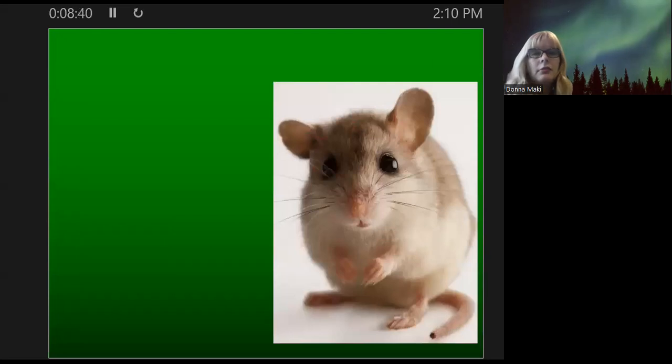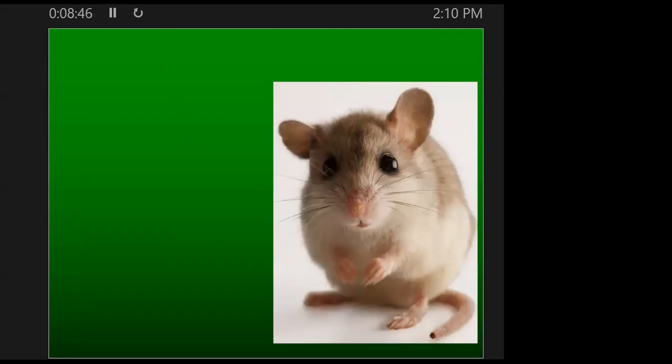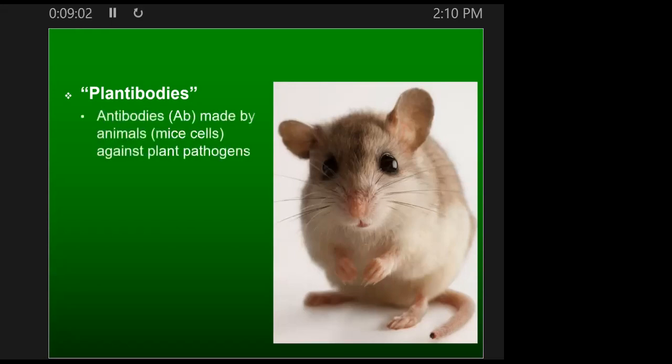Here's an interesting one. Cute little mouse to get you thinking about using mice as a tool to create what are called plantibodies. So this is kind of funky. What they do is they have mice that get exposed to plant pathogens, and the mouse will create antibodies through their immune system against that plant pathogen.